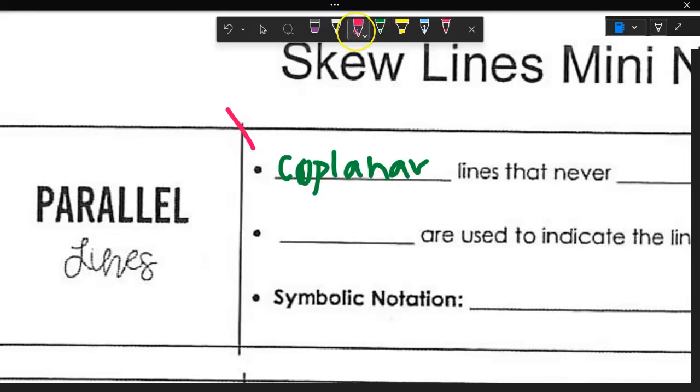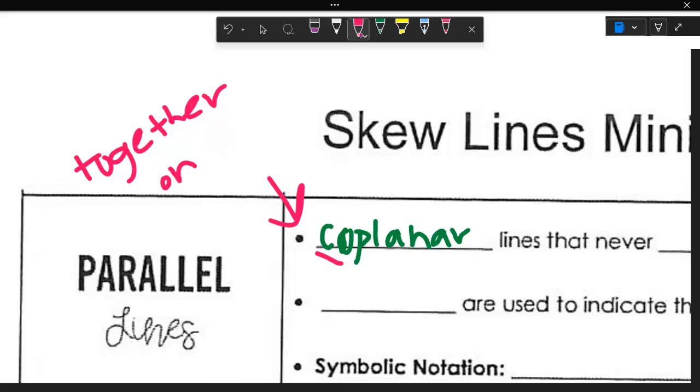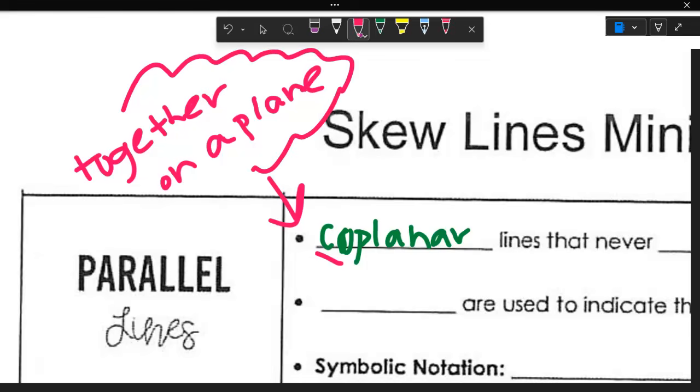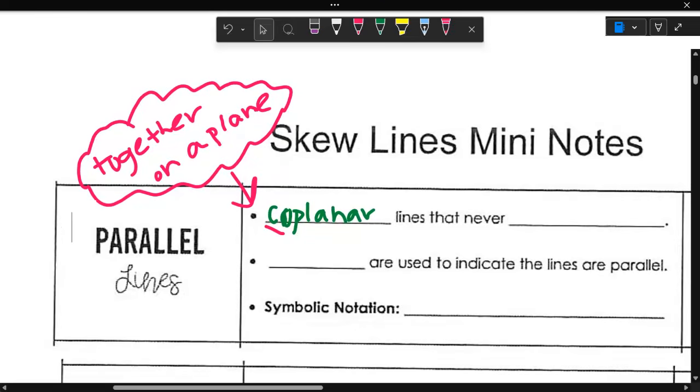We said co means together, planar means on the plane, so coplanar means together on a plane. So these are lines that are together on a plane. So parallel lines are coplanar lines that never intersect.